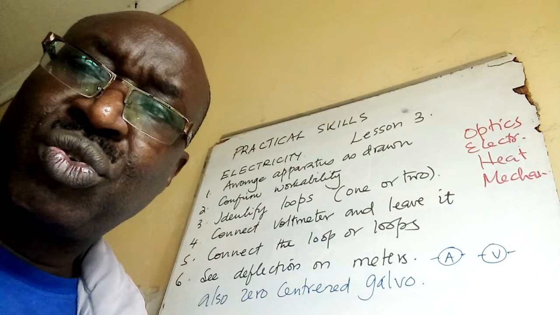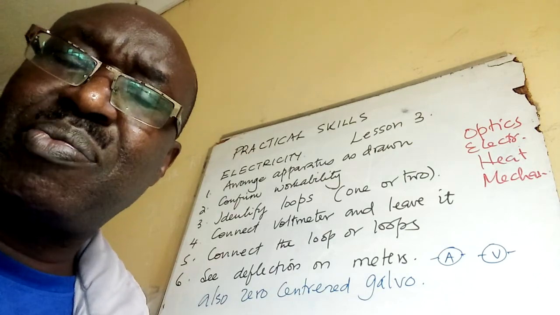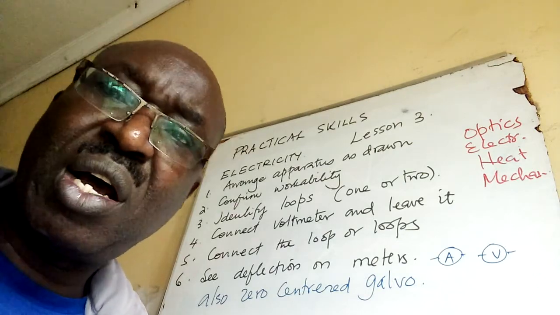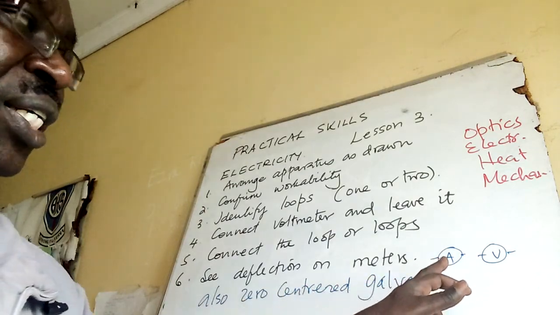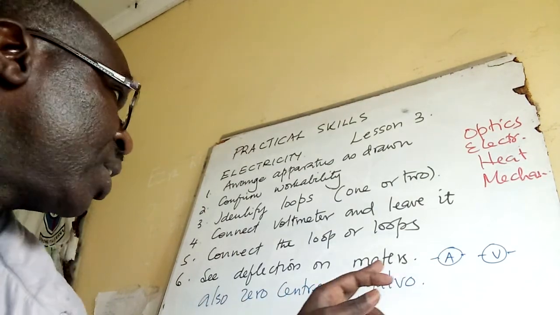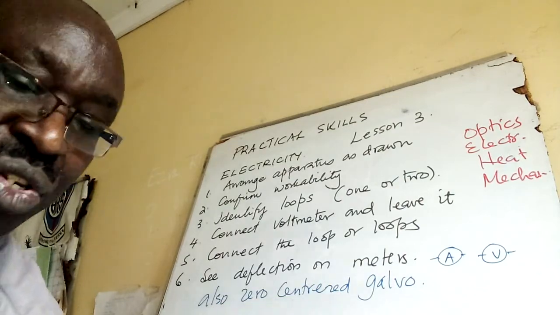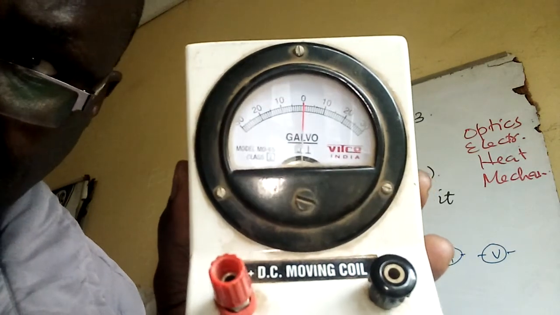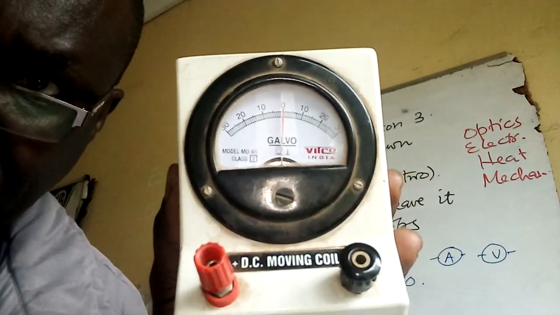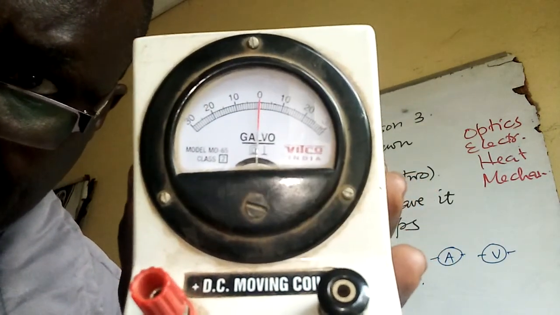When you come to school, to the lab, do not cram but understand what is happening. Now, in the meters, other than these two common meters, we also have a zero-centered galvanometer.